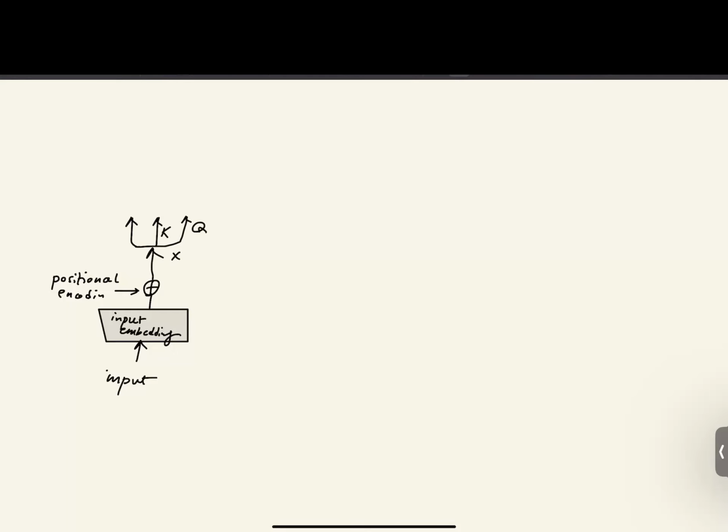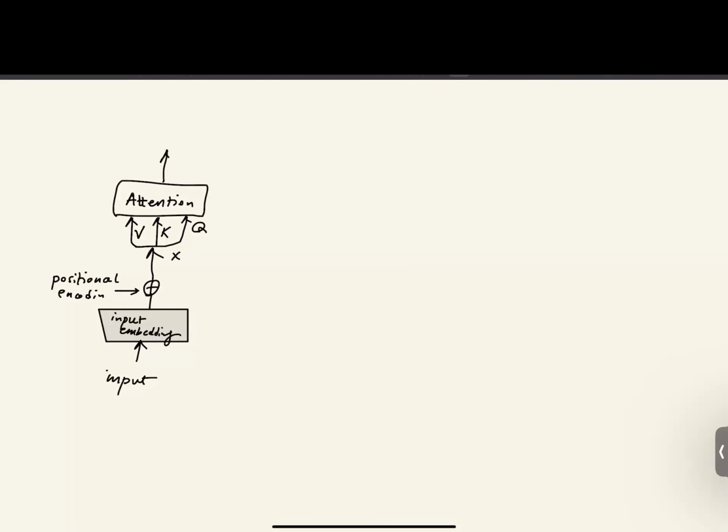We have the input X, here the embedding of X, and then we are adding the positional encoding, and now this is the new representation for each token. So now we want to do self-attention. From the same X, we have Q, K, and V. So each sequence attends to itself. Okay?